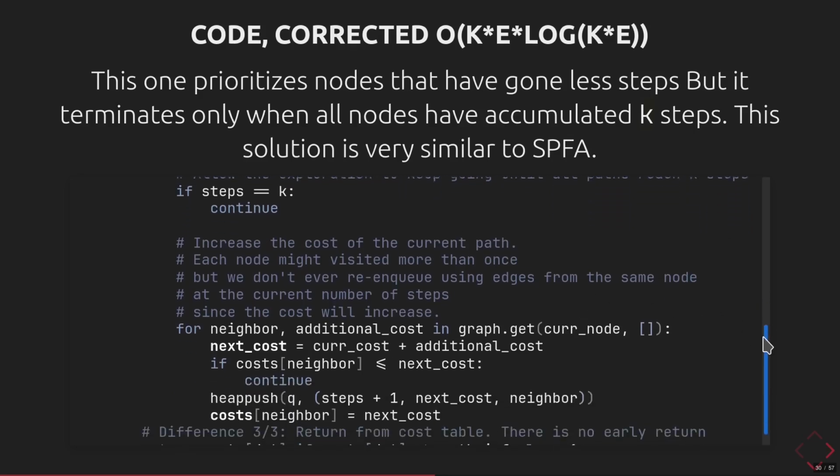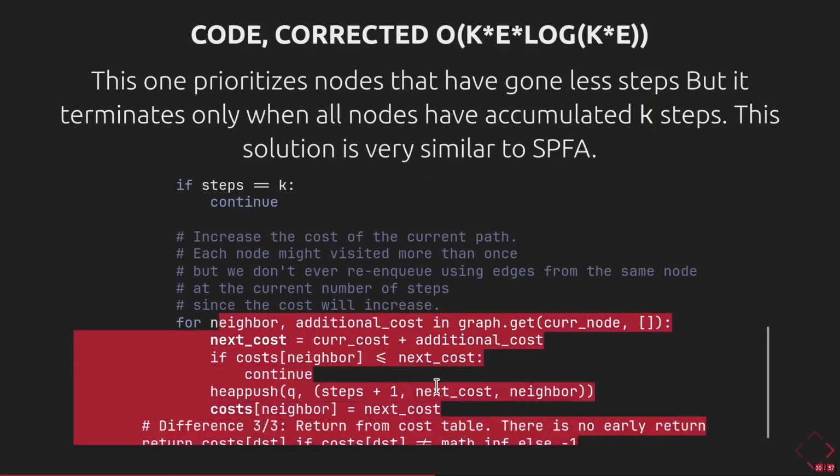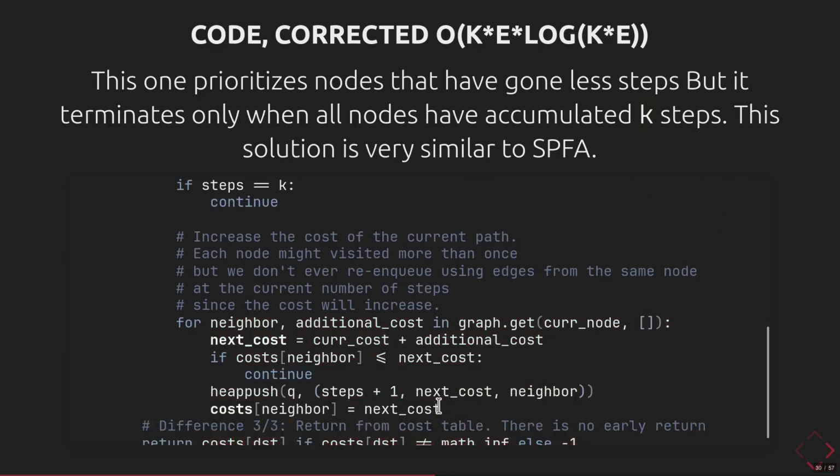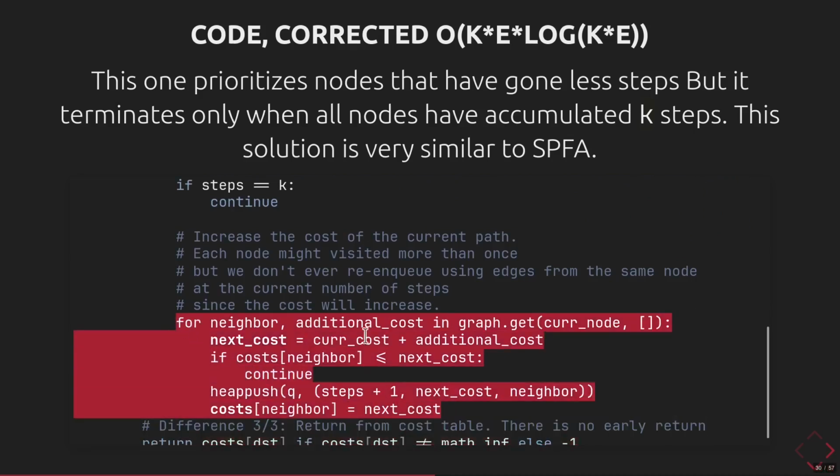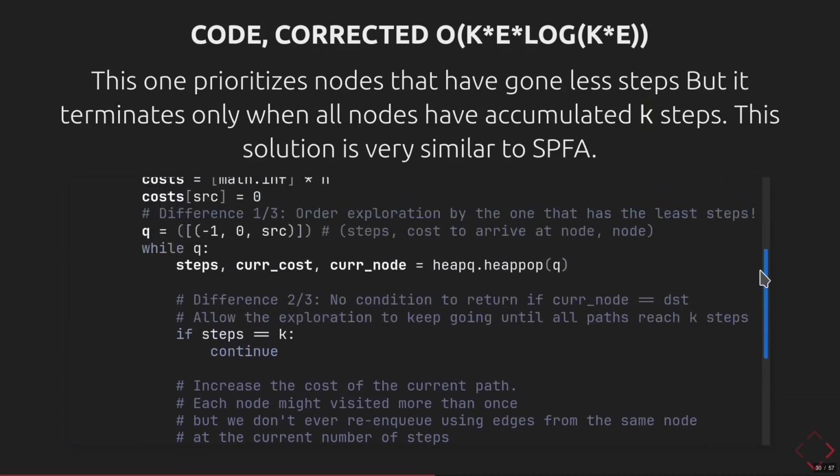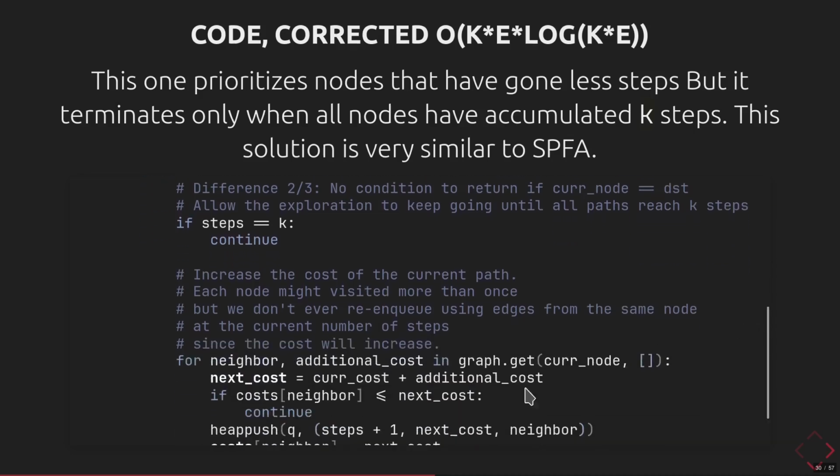All right, so this for loop is very similar, but there's a key thing also to keep in mind because of the way we've done prioritization now. Remember, what we've done is we've switched the positions between the amount of steps we've taken so far in that current node of the queue and the cost to arrive at that node.